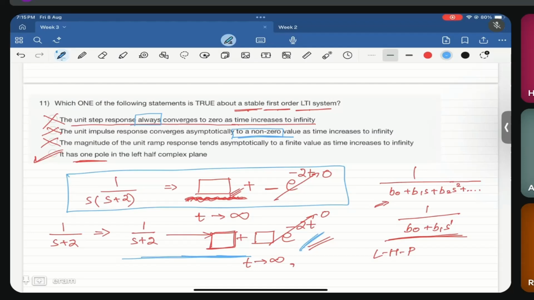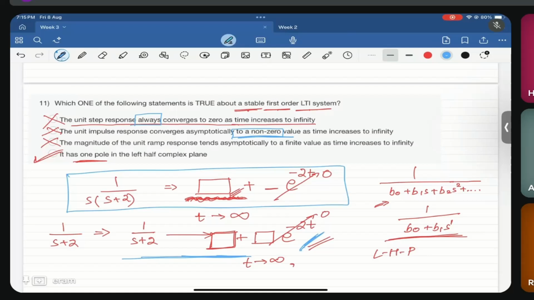But in the first option there is the word always, and in the second option there is no word always. So the first option says definitely, and the second option is not that definite a statement, but it's also not true, right? It is converging to a 0 value.